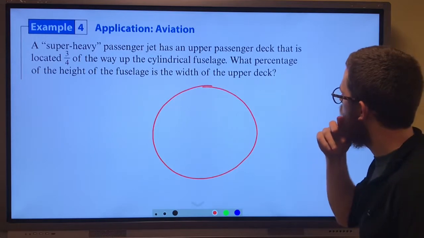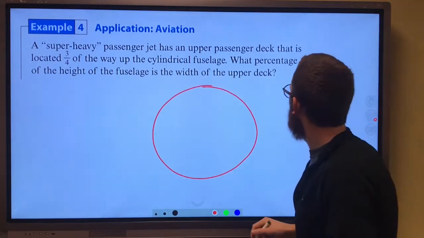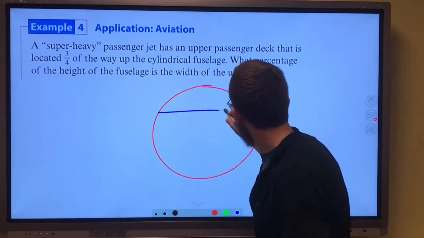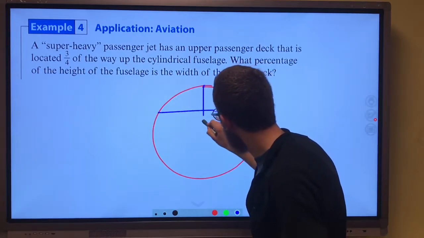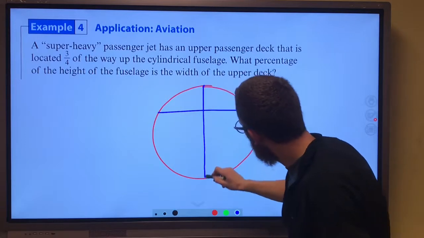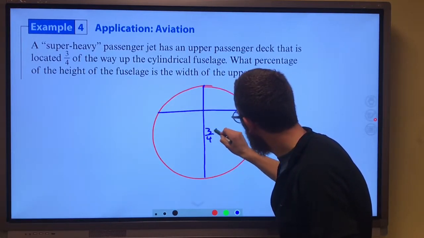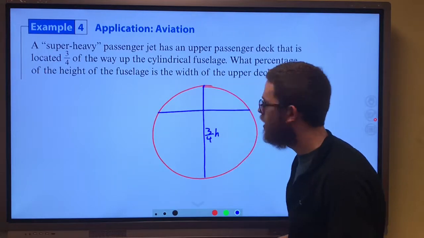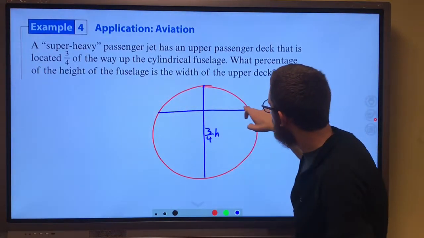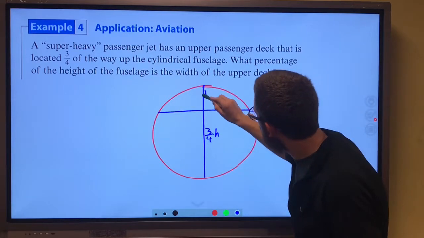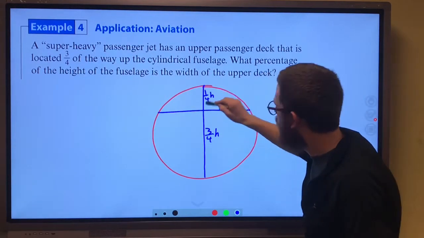Here is the height of our fuselage, and 3/4 of the height up we have the passenger deck. So 3/4 the way up means we have 1/4 of the height above that.